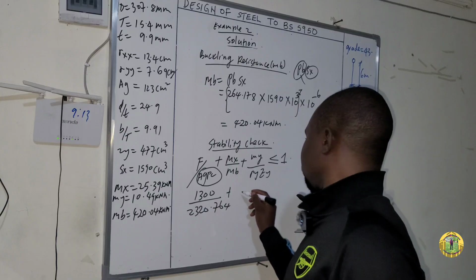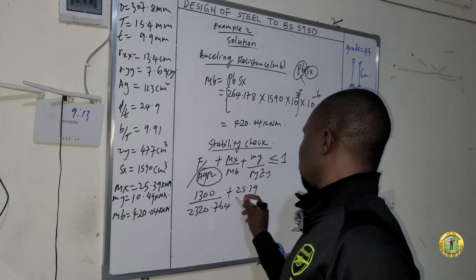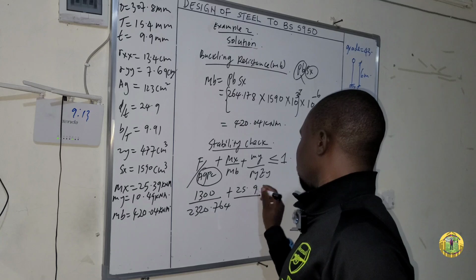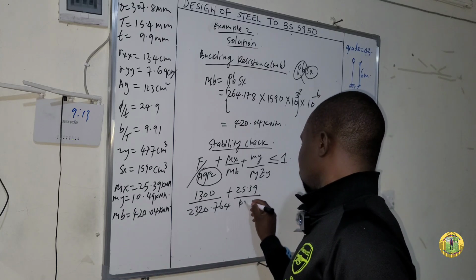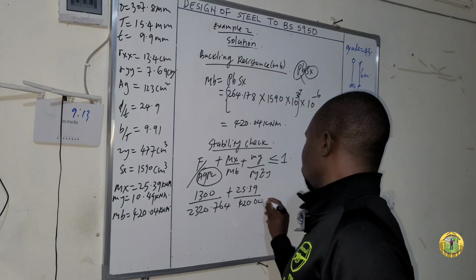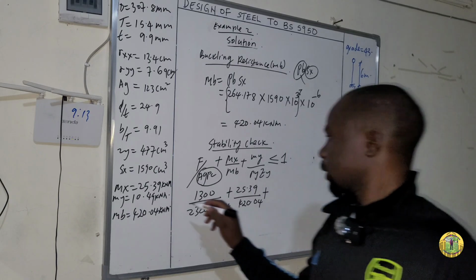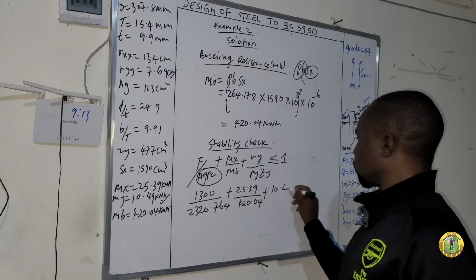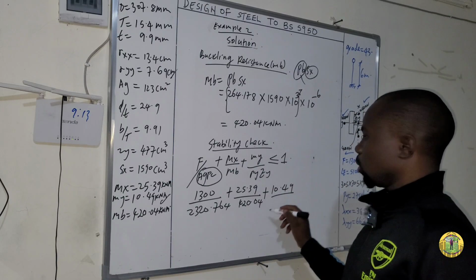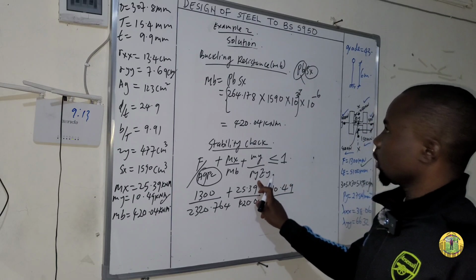MX is here, 25.39 over MB. MB is here, 420.04, plus MY. Again, MY is here, 10.49 all over PYZY.